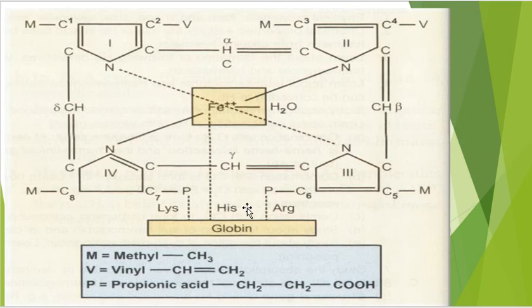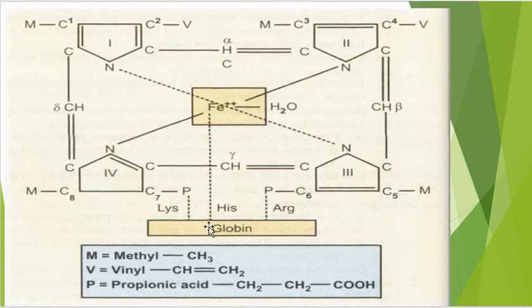When the central iron is oxidized and converted to the ferric state, it carries a positive charge, which is balanced by taking a hydroxyl group from the medium. It may be balanced by other anions like chloride and sulfate, etc. In addition, the hydrogens at positions 1 to 8 in the pyrroles are substituted by methyl, vinyl and propionic acid.